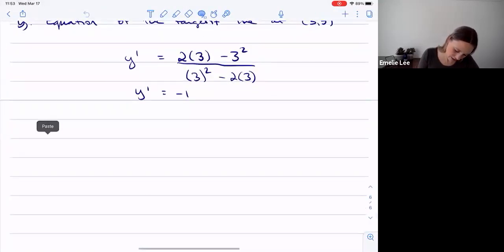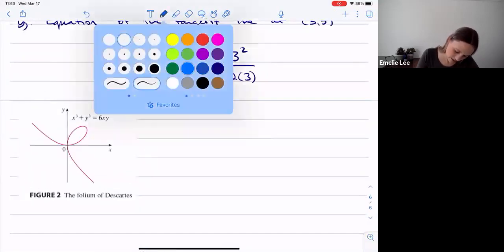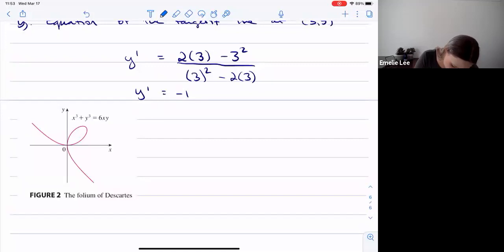All right, because what we're saying is that at some point, let's say (3, 3), it makes sense that the slope of the tangent line is -1, right?